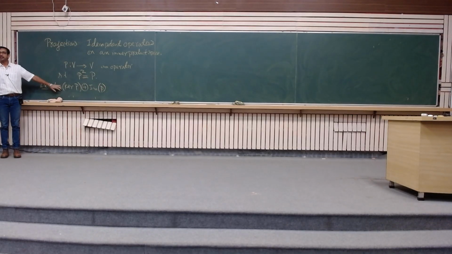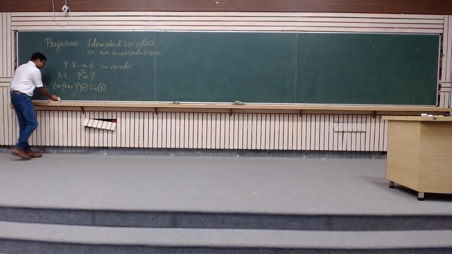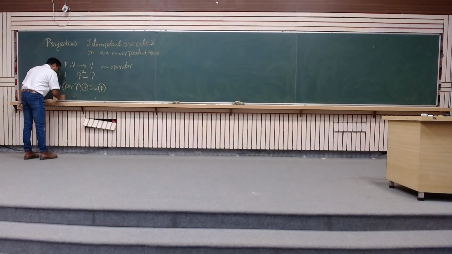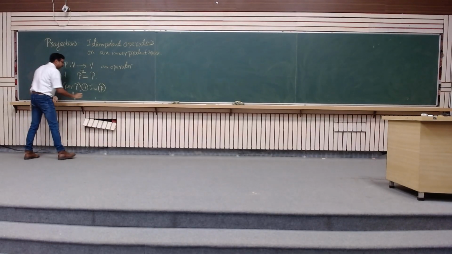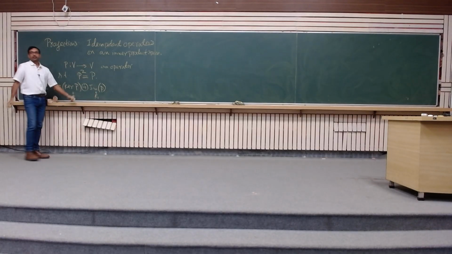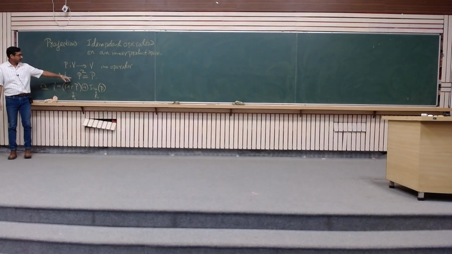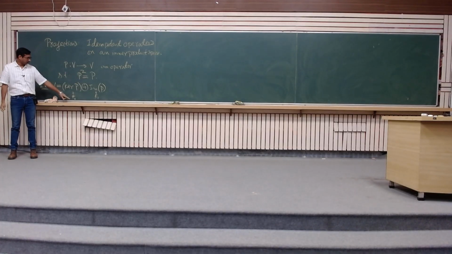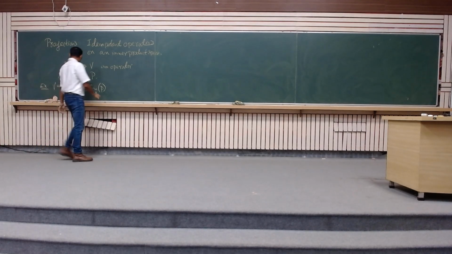And how do we get this? At least in this case, this is quite simple. Kernel P is the eigenspace of eigenvalue 0, and the image is the eigenspace of eigenvalue 1. And such a thing can have only these two eigenvalues, 0 and 1. Okay.